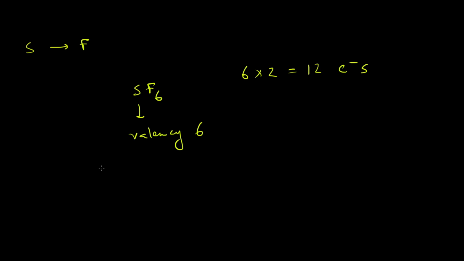So now you know how a molecule can extend its valency, which is done by promoting electrons from lower level orbitals to higher level orbitals. In this case it is the 3d orbital. So that is how the valency is extended for the higher atomic number elements.